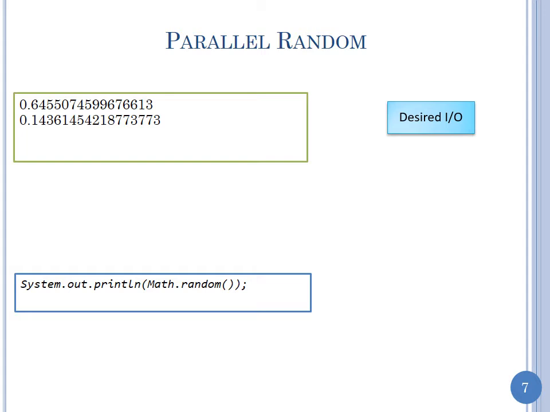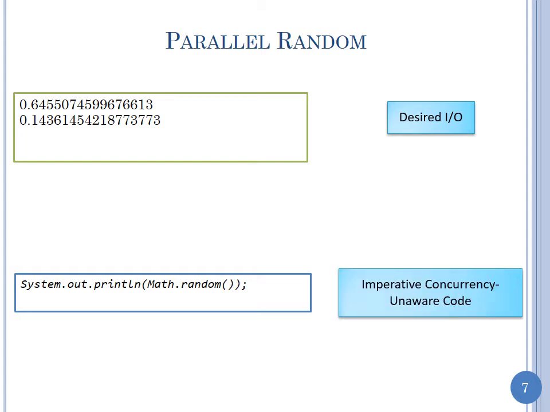You have 2 independent statements more or less. The seed is shared, but otherwise they're independent. I want to say 2 threads should do the prints rather than 1 thread. So 2 threads should do a statement rather than 1 thread. That's what I want to say. So I do want to use some imperative language to say print. But this is concurrency unaware code.